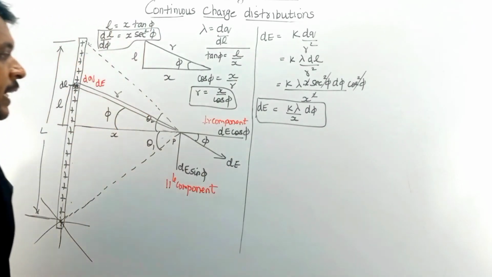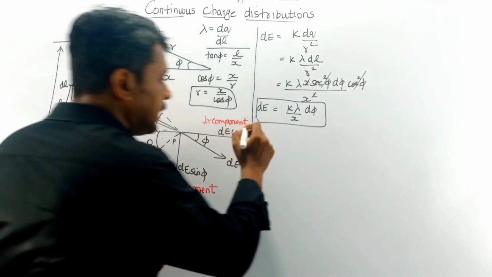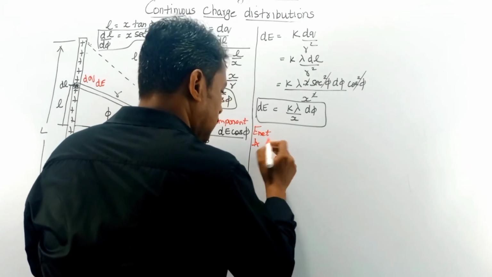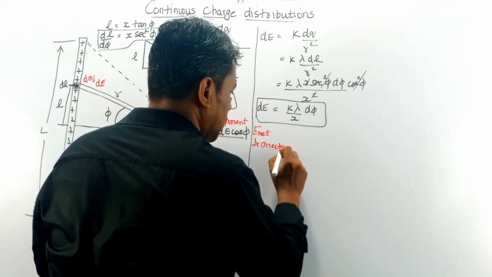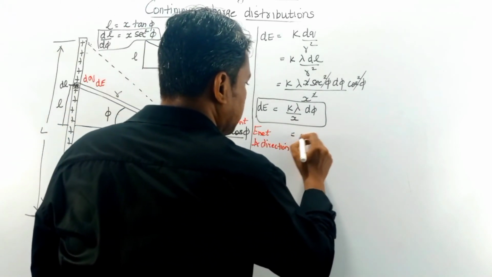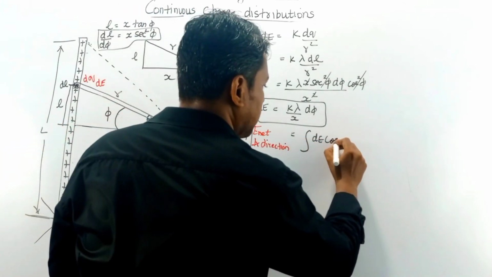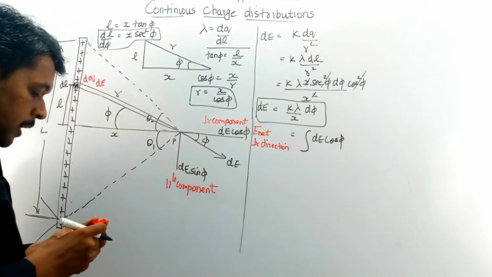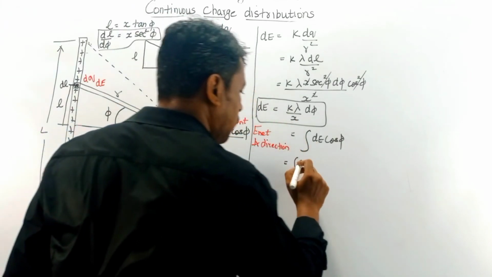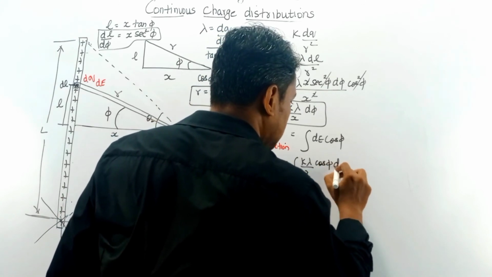So now I am going to find the net electric field in the perpendicular direction. How am I going to find it? I am going to integrate this perpendicular component, dE cos phi. So this is equal to the integration of dE, which we found as k lambda by x, so here it is cos phi d phi.